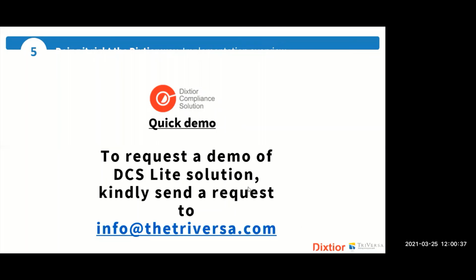In terms of other types of legislation that are not mandatory for the central bank but come from strategy, the users of the application have the capability to adjust the rules and settings of the platform so that they can fulfill that request. In terms of national or international legislation, Dixtior will always be responsible for doing the necessary adaptations and upgrades on the system so that it complies with all the requirements wherever we are working.